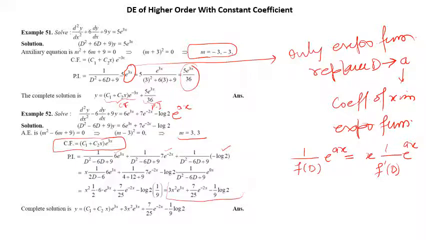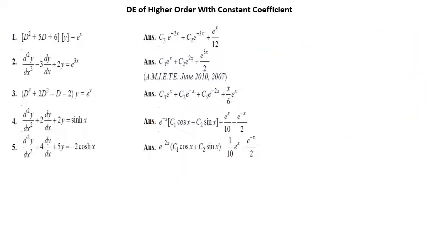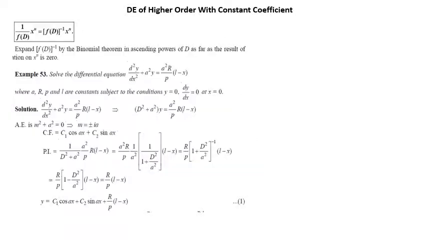This is equal to PI and this is CF. The solution can be written as dependent variable equal to CF plus PI. This is the exercise, you solve it. If you have any problem, you can email or WhatsApp me.